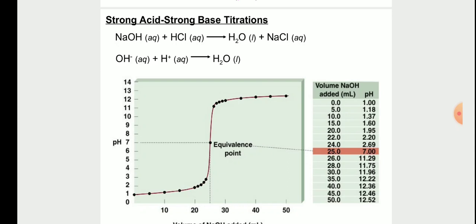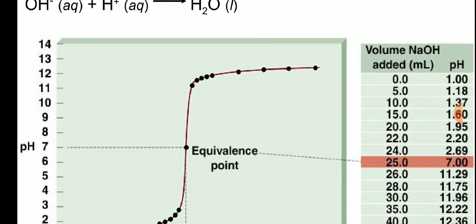But after adding 1, 2, 3, 4, 5 OH minus, or one drop of OH minus, the pH changes from acidic to basic. Acidic pH is below 7 and basic pH is above 7, so a sharp change will be observed. If H plus is present, the pH will be below 7, and if OH is present in excess, the pH will be in the basic region. So a sharp change is observed like this curve.